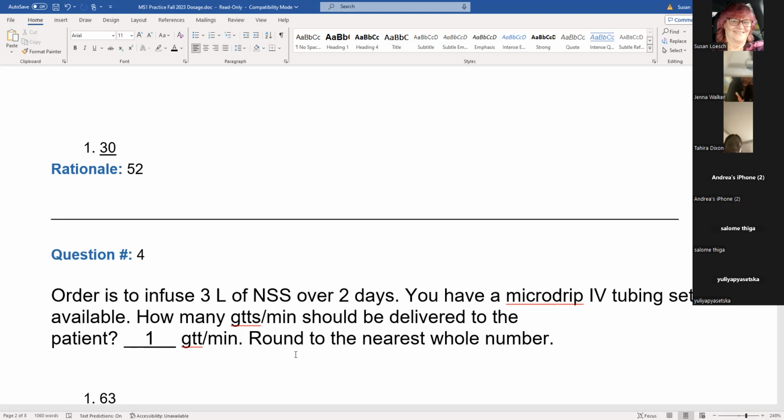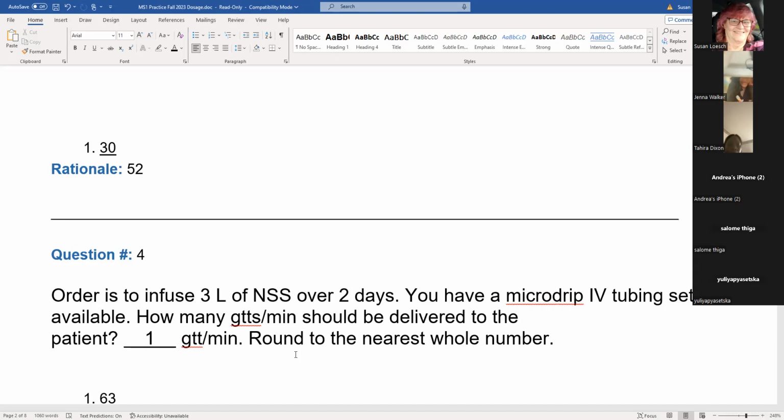Total time in minutes, which in this case would be 2880, times your drip factor, which whenever you have a micro drip or a pediatric drip, it's always 60. And the answer is always a whole number.